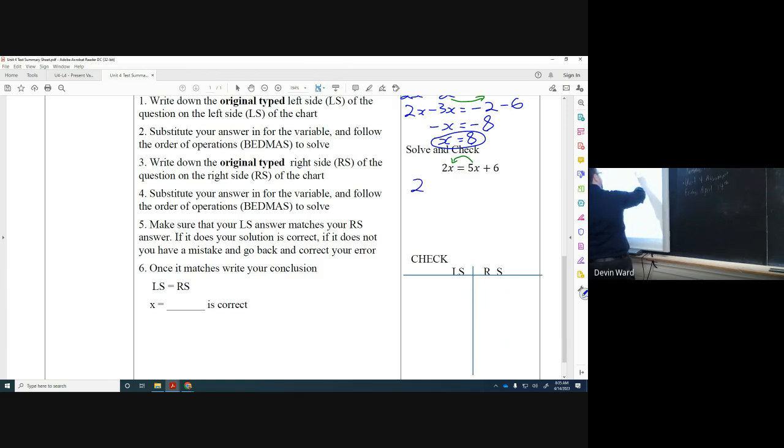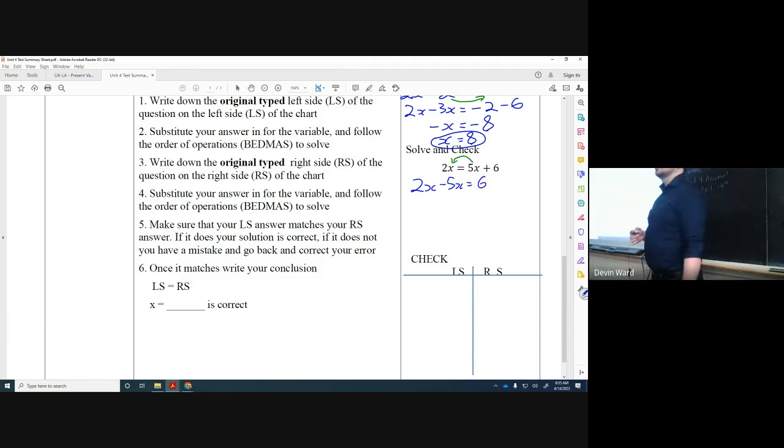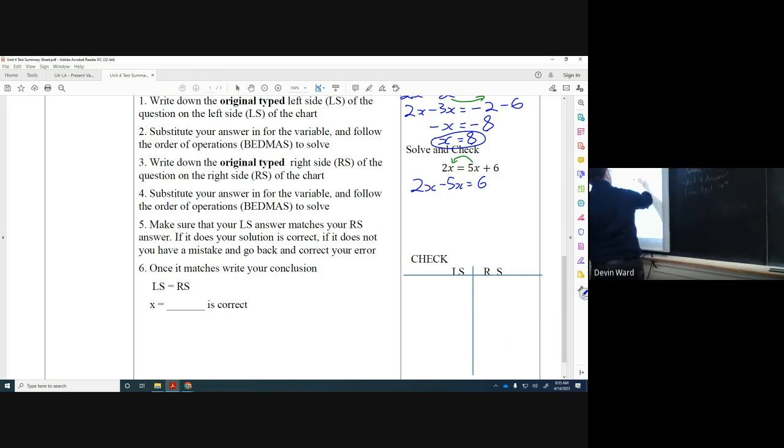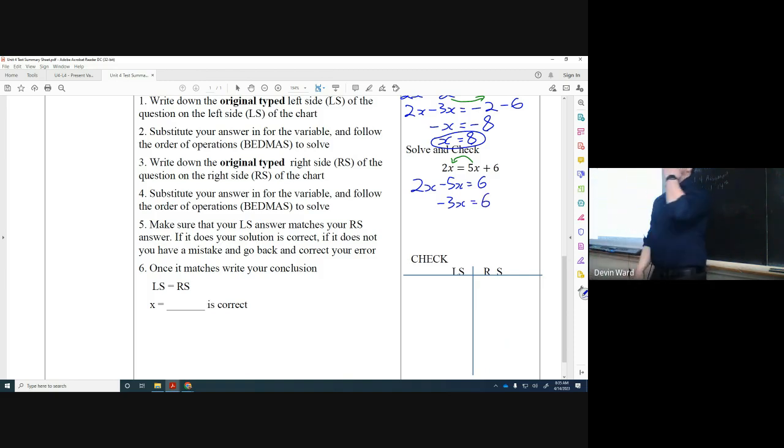Then I'll have 2x minus 5x equals 6. And then what's 2x minus 5x? Perfect. -3. 2 minus 5 is -3, and then we still have the x attached to it.